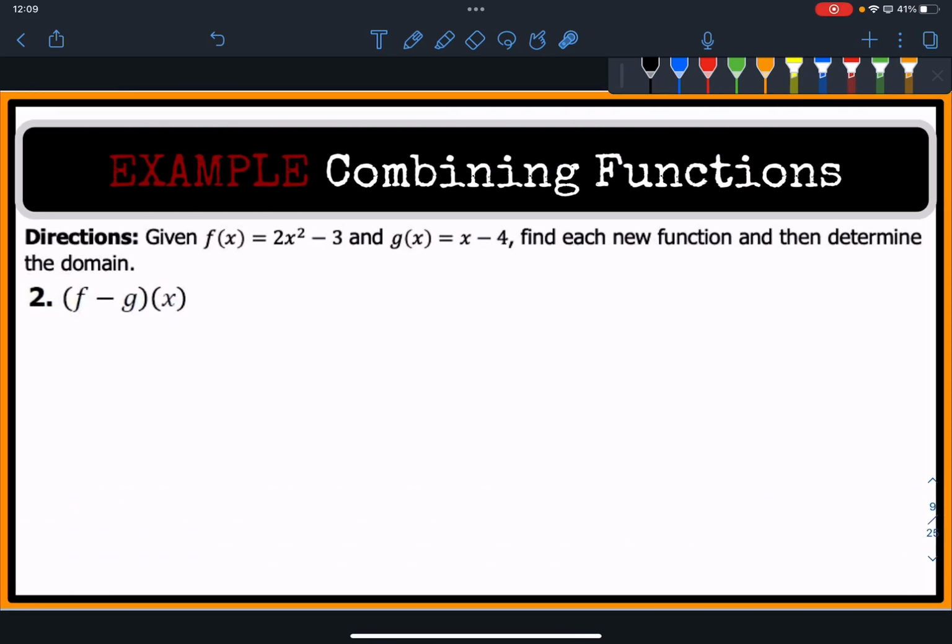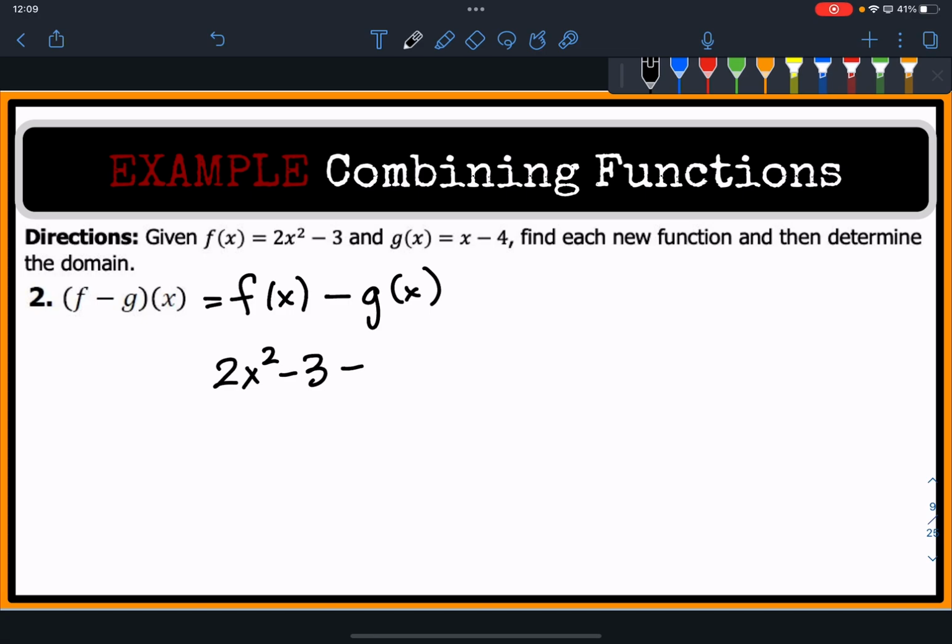Let's go now to subtraction. Subtracting means that we're simply going to replace f with 2x squared minus 3, g with x minus 4, and now we're going to subtract the two functions. Because I'm subtracting, it's really important that this time around I put parentheses around x minus 4, around my g. That way I subtract not only the first term, but all of the terms for g.